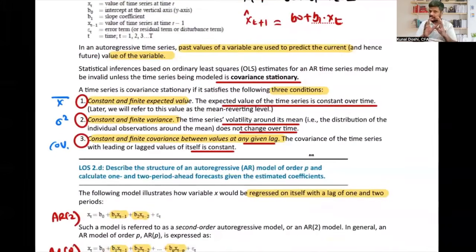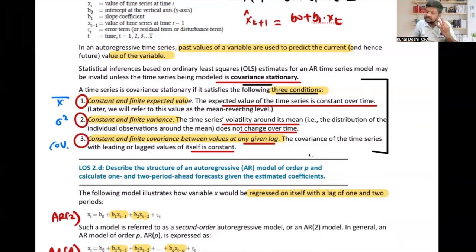And this is where came the most important thing, which will be very important for us in the future analysis: what is covariance stationary. Everyone with me on this? Covariance stationary is the most important thing because we need to understand that if the model is covariance stationary, only then we use it. What exactly does it mean?